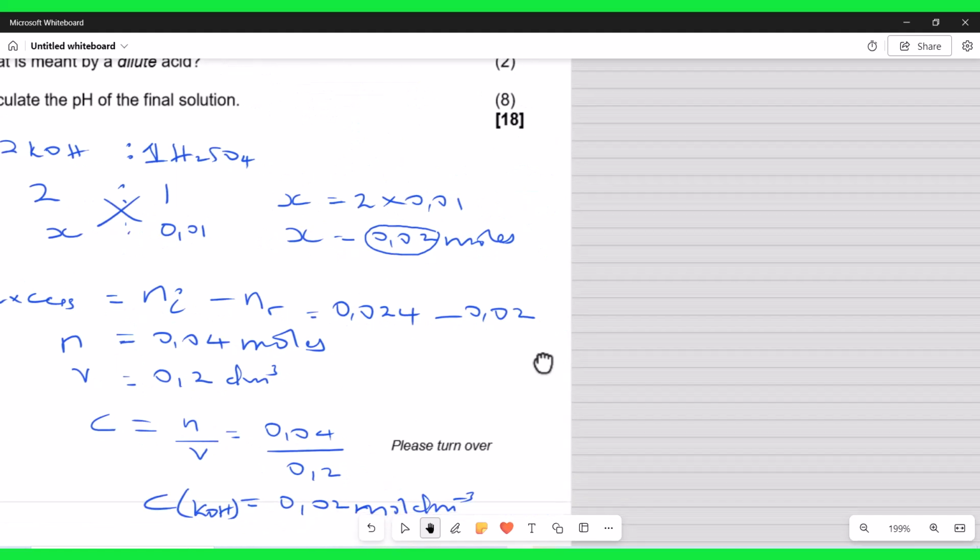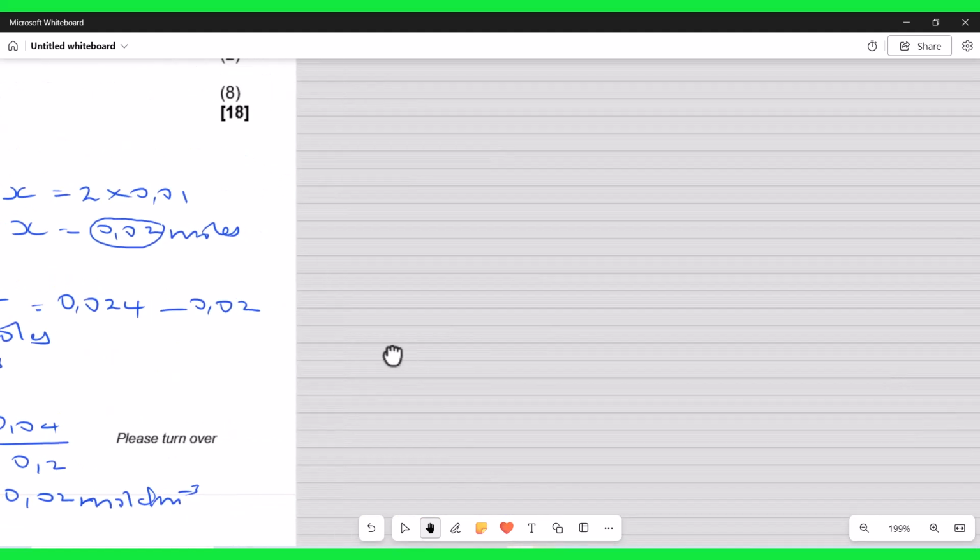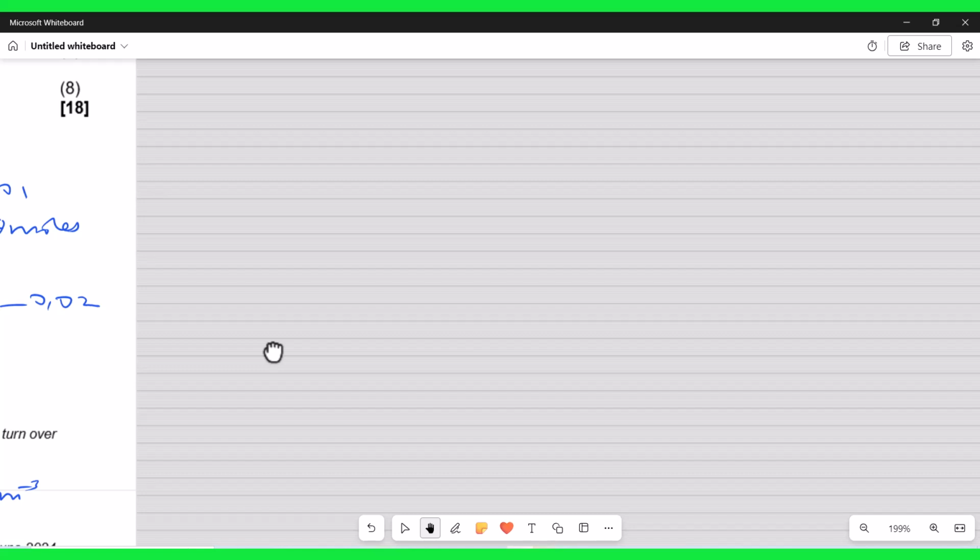Okay, let's check here, guys. When potassium hydroxide is in solution, each potassium hydroxide gives me potassium ions plus OH ions. Now, as you can see here, the mole ratio is 1 to 1.